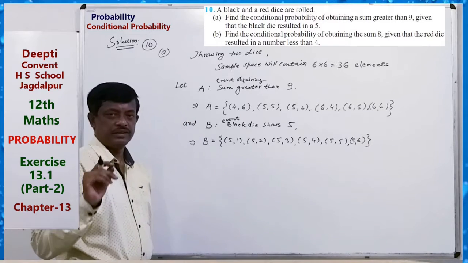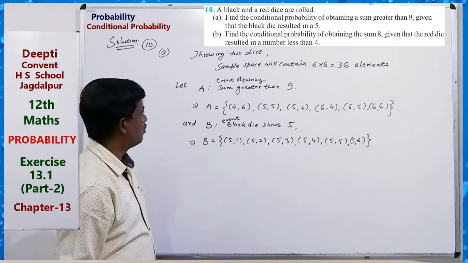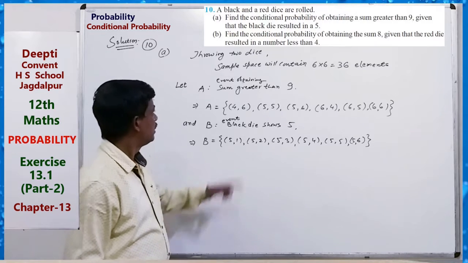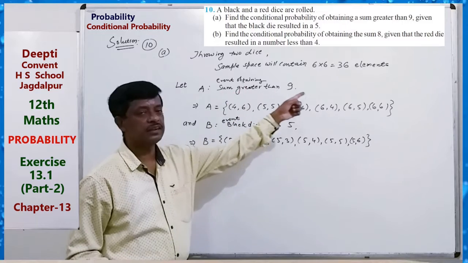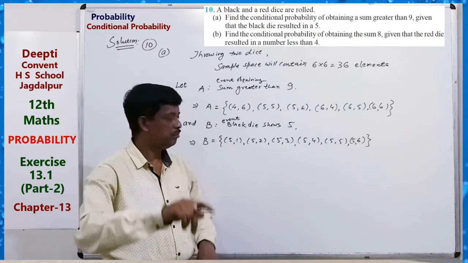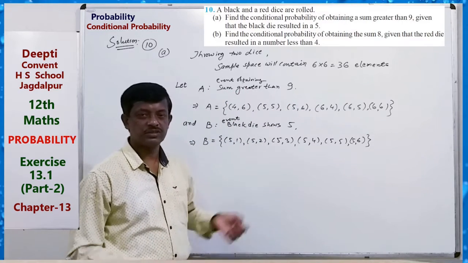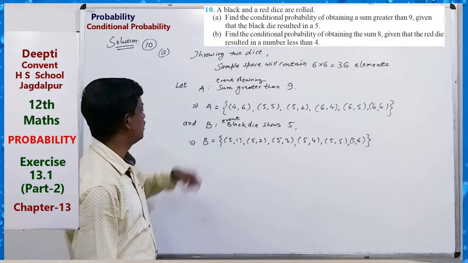Now we have to find the conditional probability of getting a sum greater than 9 provided the black die shows 5, that is P(A|B).